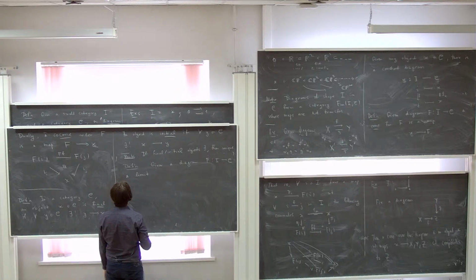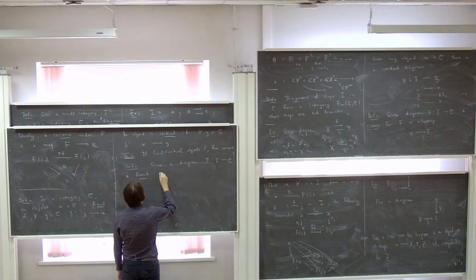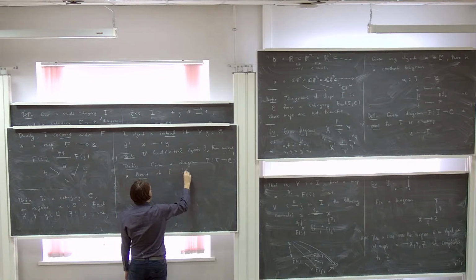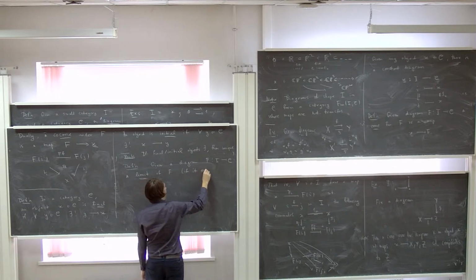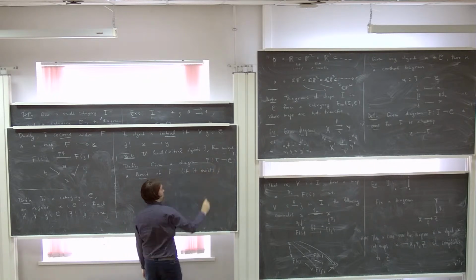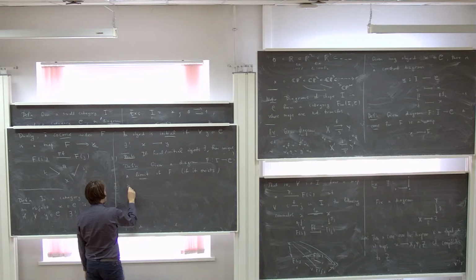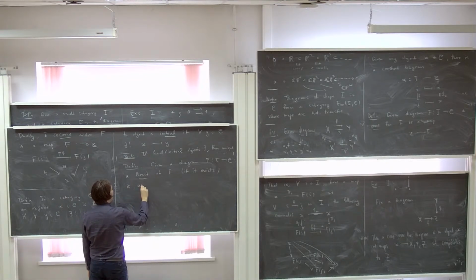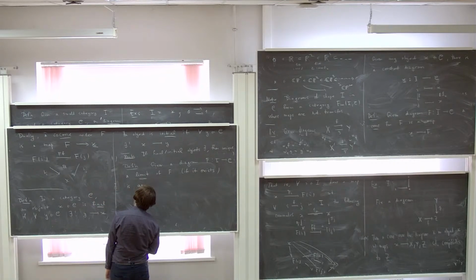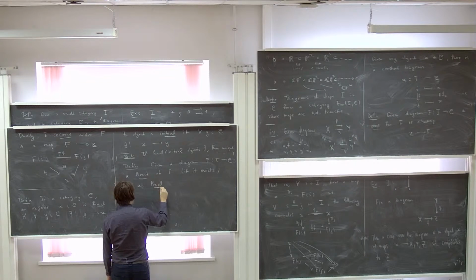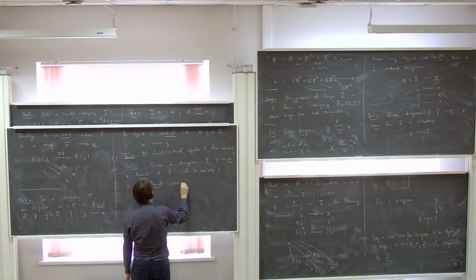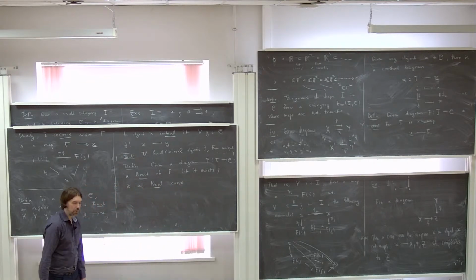So given a diagram, a limit of F, if it exists, sometimes it does, sometimes it doesn't, is a what? A final cone. All other cones over F map to it.